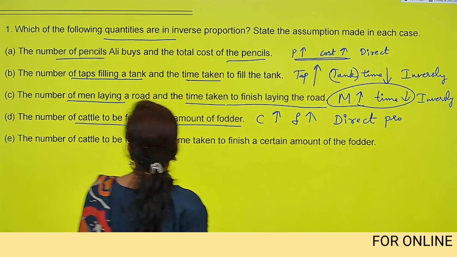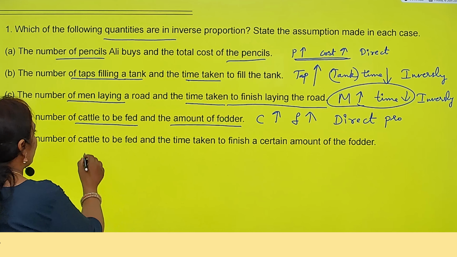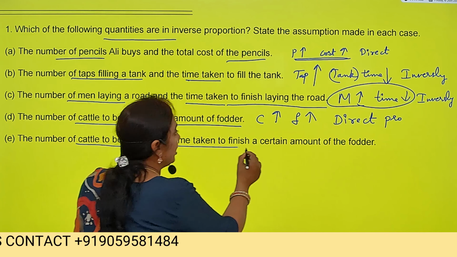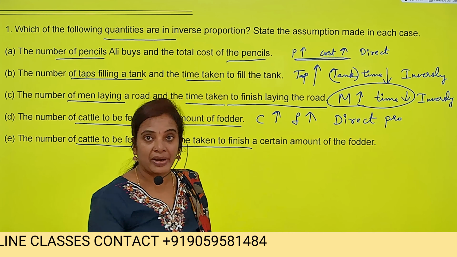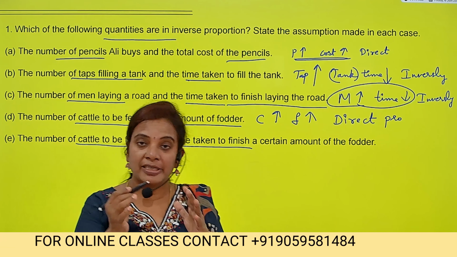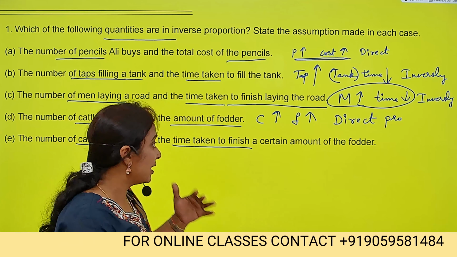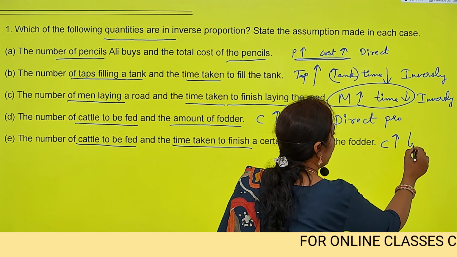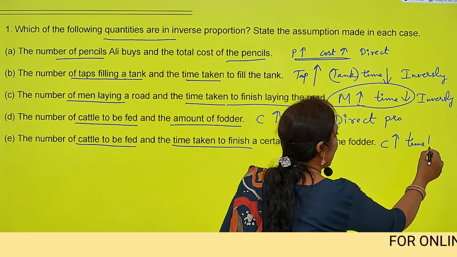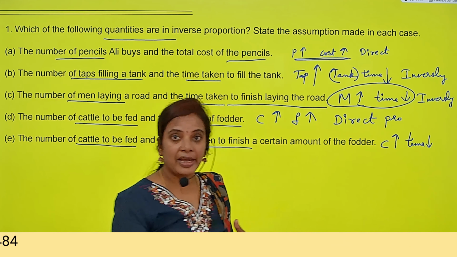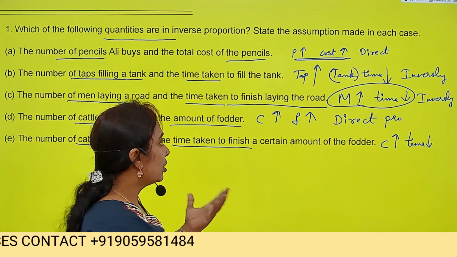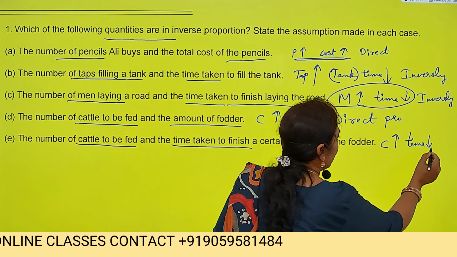Next, the number of cattle to be fed and the time taken to finish a certain amount of fodder. The quantity is the same, but cattle are increasing. If one cattle takes, suppose, 5 hours to finish the fodder, then 2 cattle take less time.